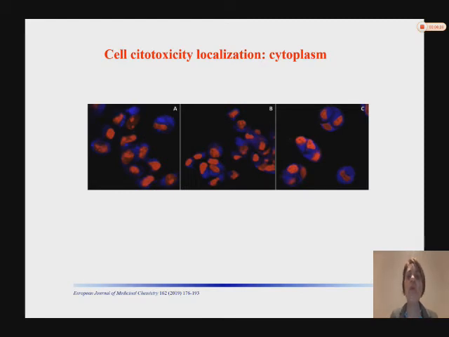Thanks to its fluorescent properties, it was detected using confocal microscope, and as can be seen from the blue signal, 10 minutes after administration it is well distributed into the cytoplasm, where it remained 30 minutes and 1 hour post-administration.